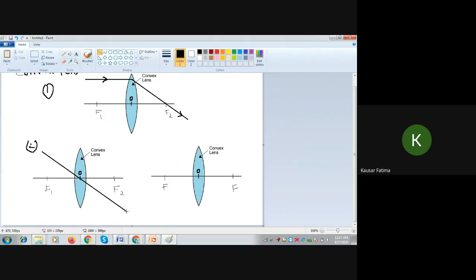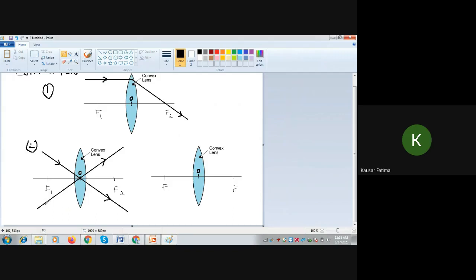It is striking the optical center, so it does not deviate. It goes straight. In the same way, we have to put an arrow showing the direction of the ray of light. The ray coming this way will go this way. So I can draw the direction.